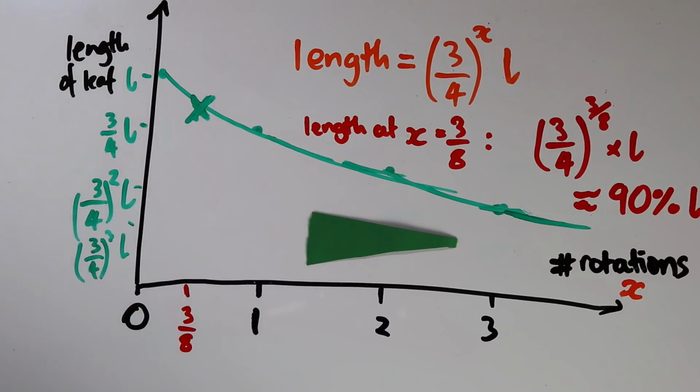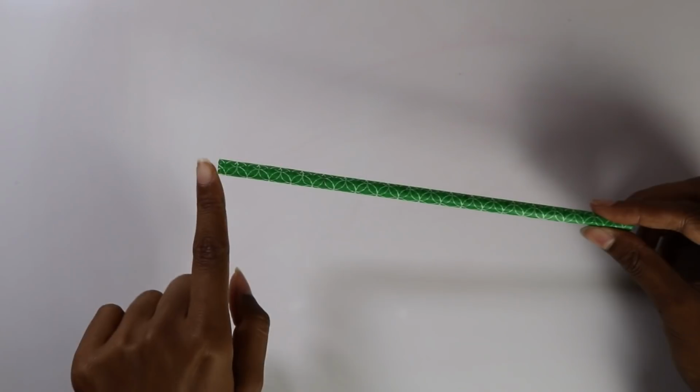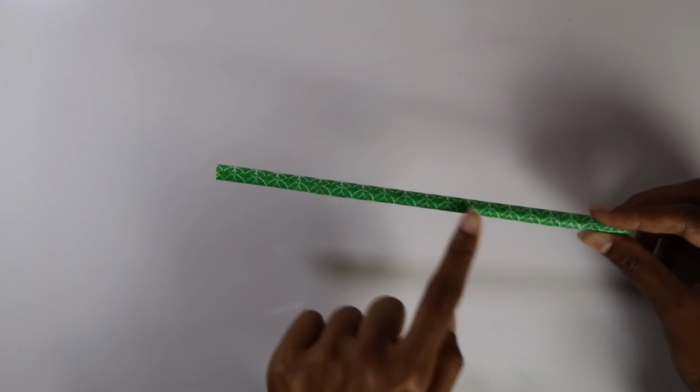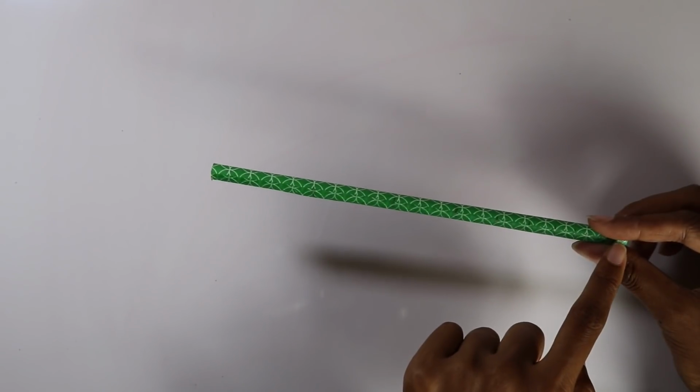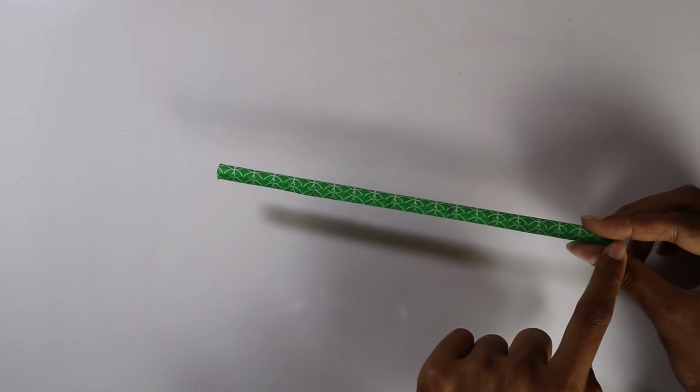Okay, I think that the best way to do it is to measure them all out in advance. So let's do that. Okay, but one thing I need to do is approximate how many I'll need in total. So there are 1, 2, 3, 4, 5, 6, 7, 8, 9, 10, 11, 12, maybe 13 rotations that I want to do.